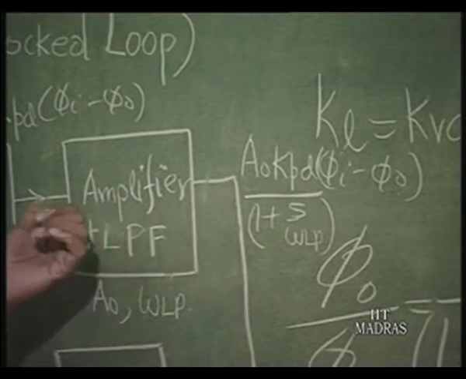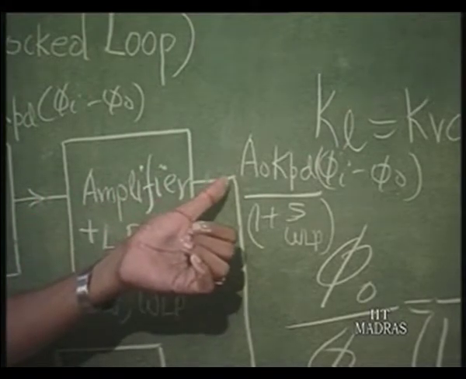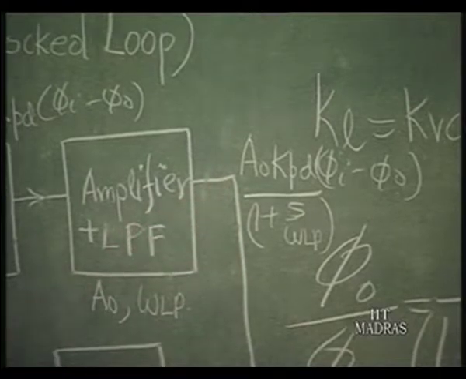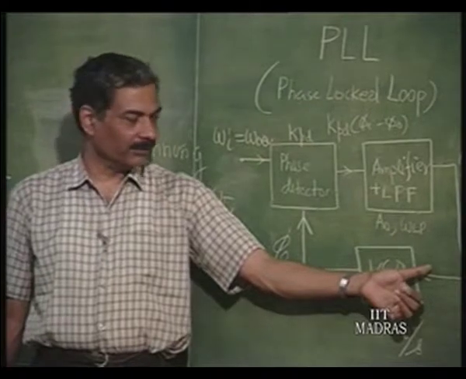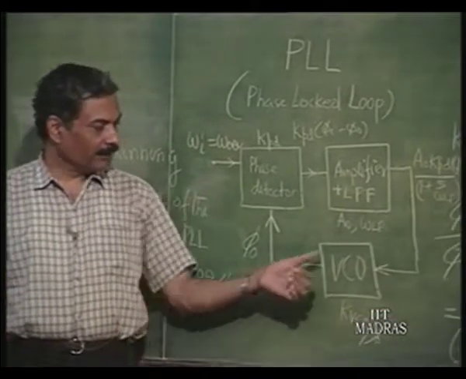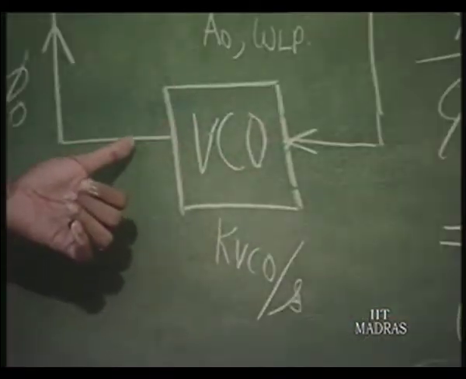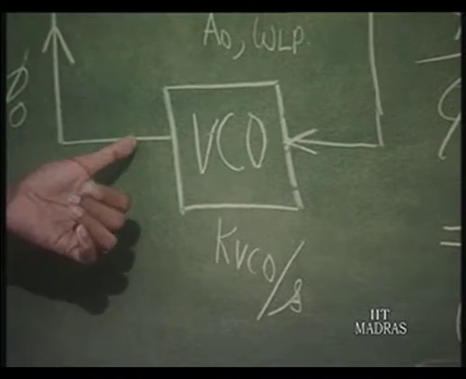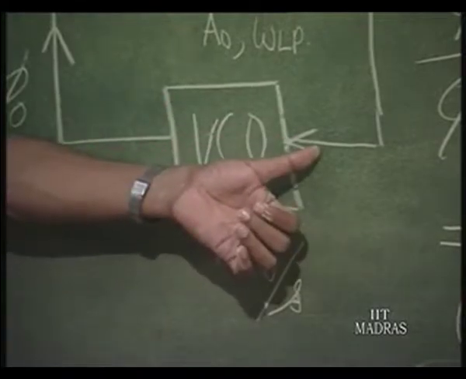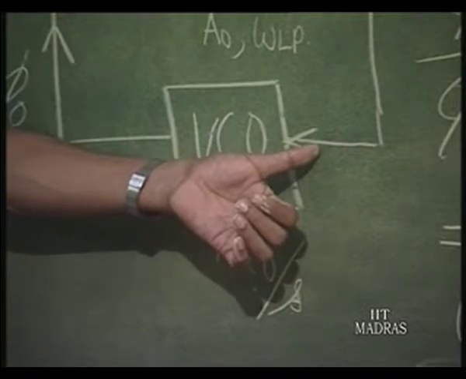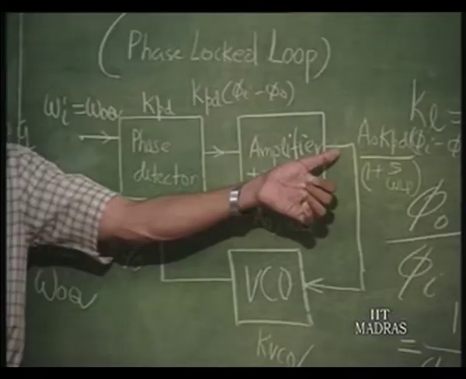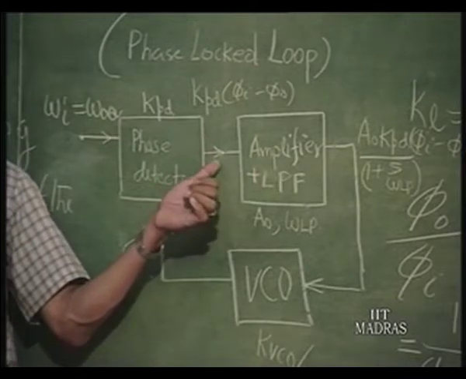Therefore, this DC which is amplified by A naught should change the original DC of the VCO to some value. If that changes, then this frequency will change. That means this DC that should occur here because of this should be 0. That is the only possibility.